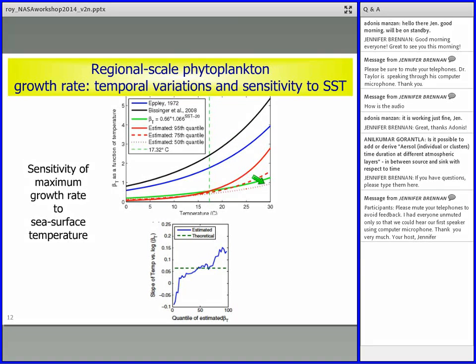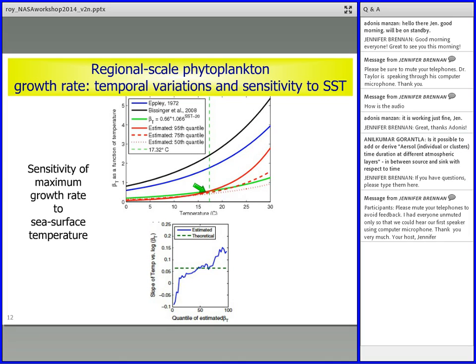The green one is generally used for several biogeochemical models. And we see that the estimated phytoplankton maximum growth rate from our model varies from the others. In particular, the 95th quantile, which indicates the maximum possible phytoplankton growth rate, has a very different shape.